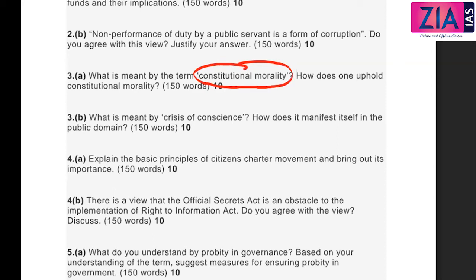How does one uphold constitutional morality? There are two parts in this question. Constitutional morality is something you need to explain first, and for that you need to talk about the constitutional values. What are the most important constitutional values? Social justice. Or you can talk from the perspective of the preamble; that alone is enough. What are the most important values enshrined in the constitution or the preamble?